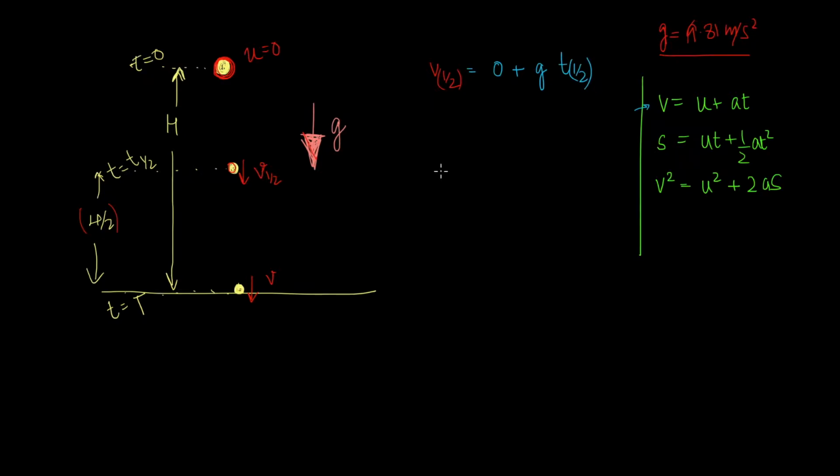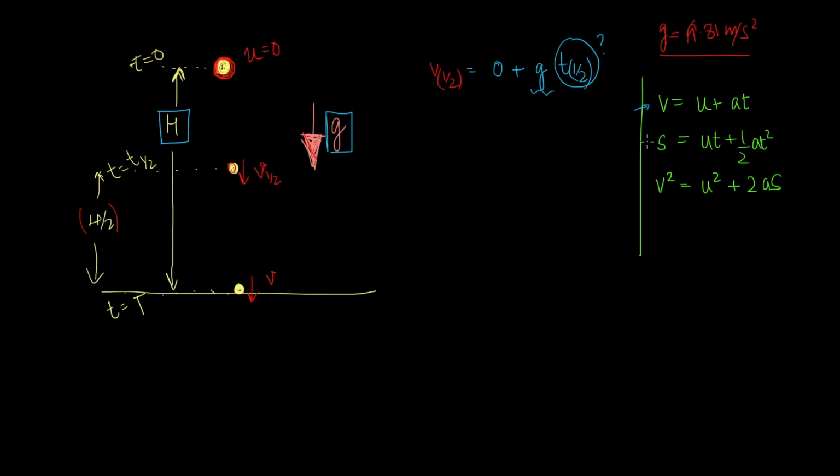Now the thing is, do we really know what t 1/2 is? The answer is no. What do we actually know? We know h, the height from which we drop the ball. So we must convert t 1/2, or t half, into the height h, and then use this equation. That is when we would know what the velocity would be in terms of gravity and the height that we know. So these are the only two quantities that we know, and let us try to get v half in those terms as well.